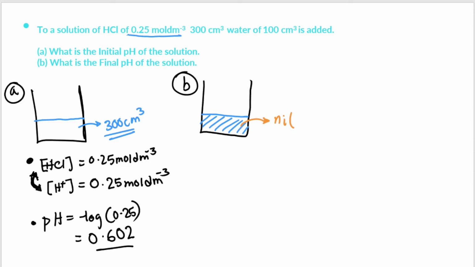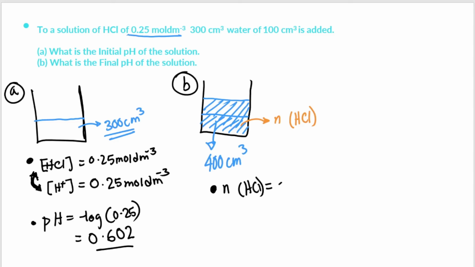The moles of hydrochloric acid do not change even though I add some more water, causing the whole solution to have a volume of 400 centimeter cubes. So let's start by finding the initial and constant moles of HCl, which does not change.